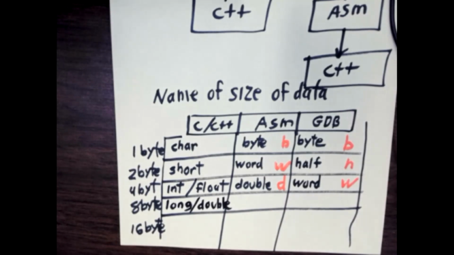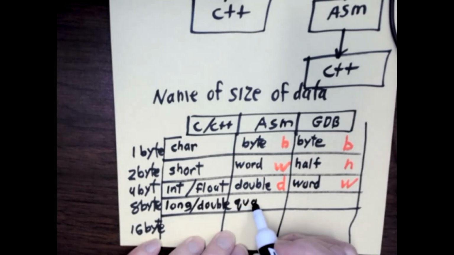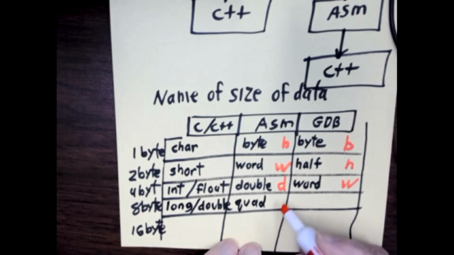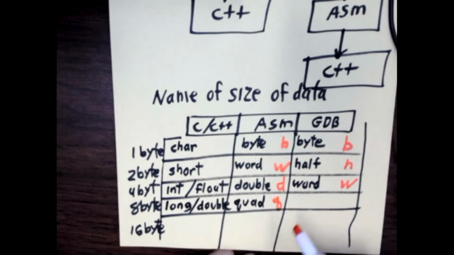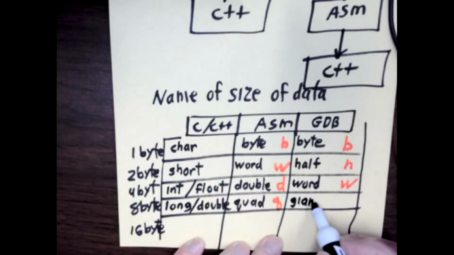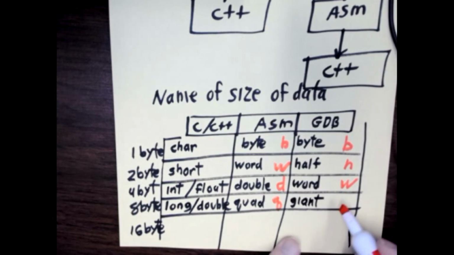And in assembly, that's known as a quad word. And we use a Q for that. And in GDB, that's known as a giant. And of course, we use a G for that one.